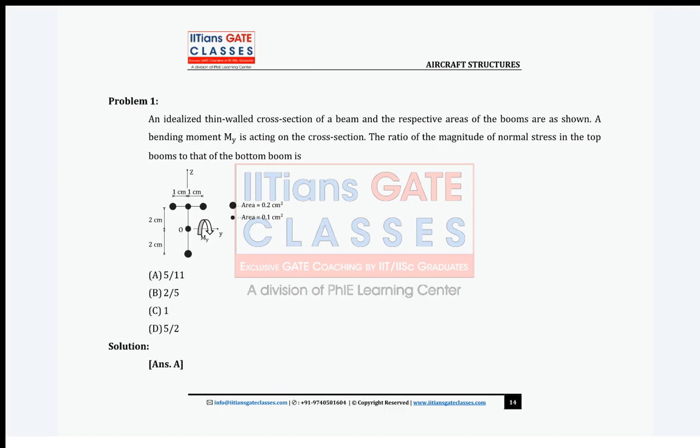The given cross section is symmetric about what? You can see it's symmetric about the z axis. Think. The given cross section is symmetric about the vertical axis, right?